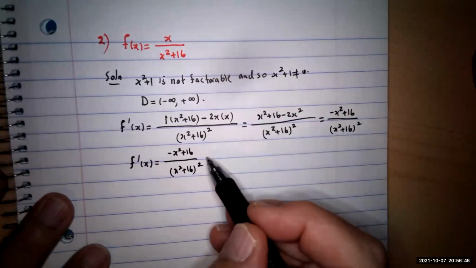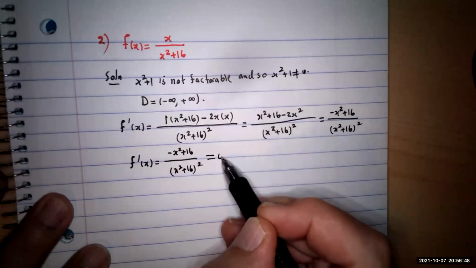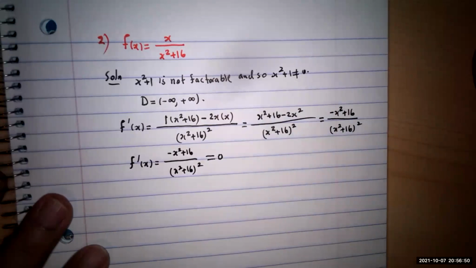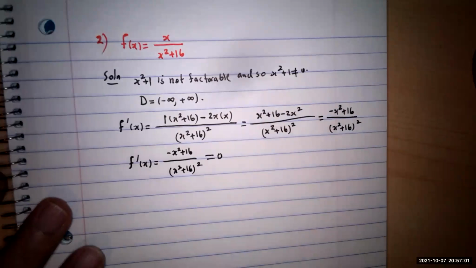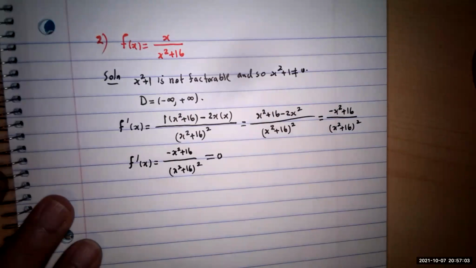You let it equal to 0. We already talked about it: a fraction is 0 only if the top is 0, because 0 divided by 2 would be 0, like the one in your test. So you let it equal to 0, and the conclusion is the top is 0.